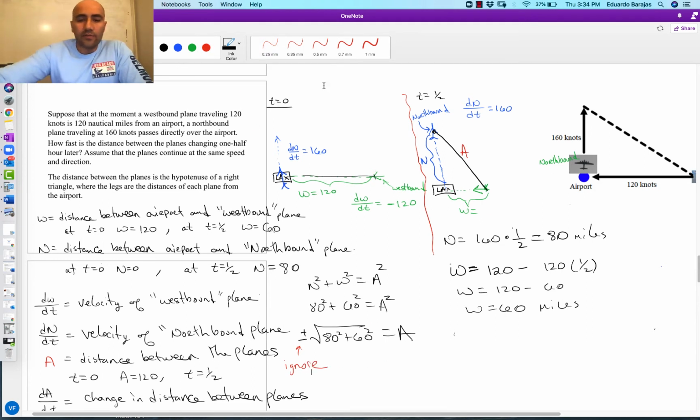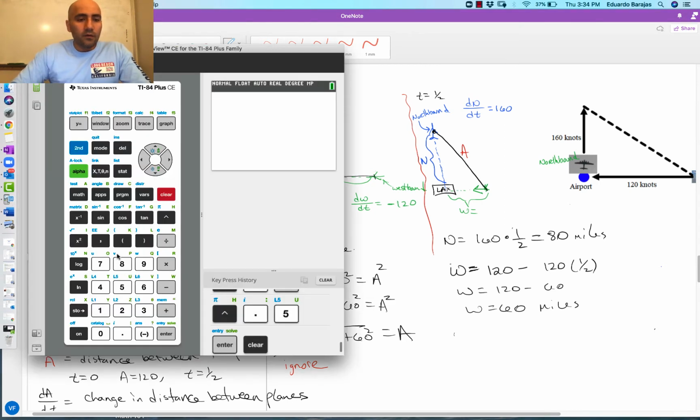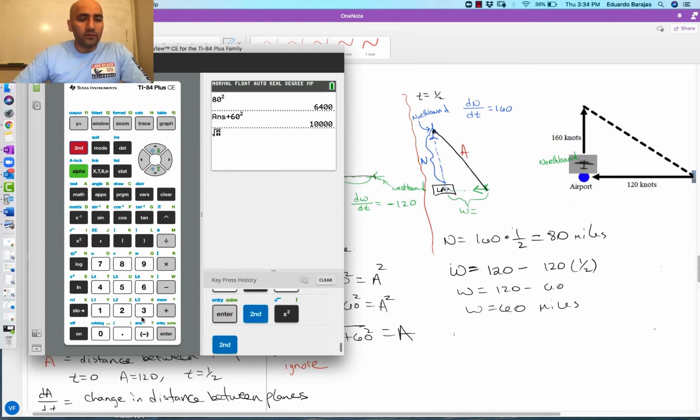So now we can just get our calculator out and figure out the value of a. 80 squared plus 60 squared equals 10,000. And then we want the square root of that, which is 100.